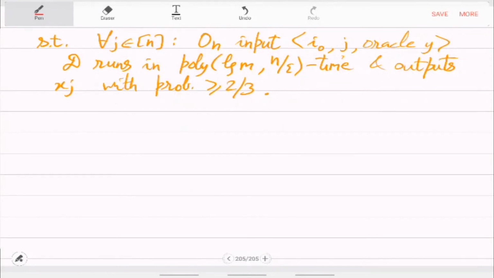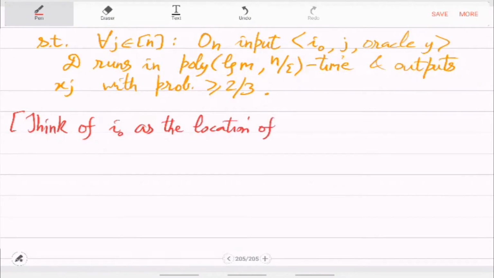So you could think of i0 as the location of x in the list, which is of course unknown.